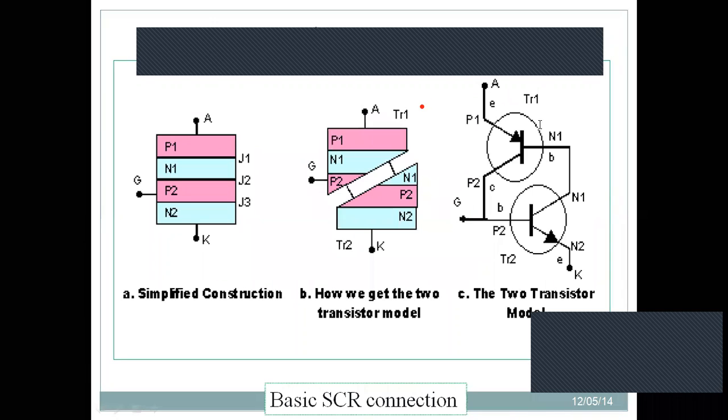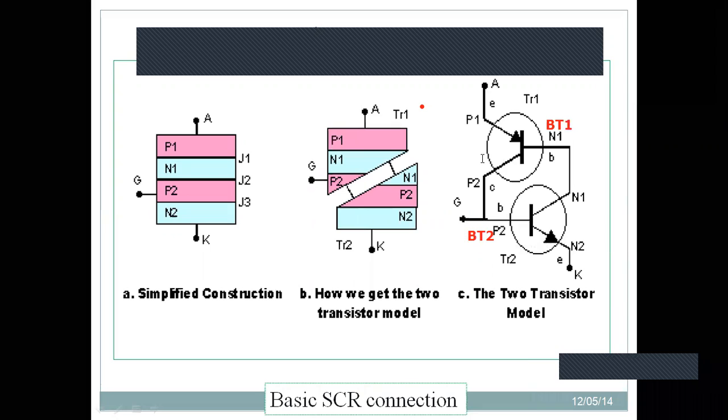We can see, let us call this as the base of first transistor BT1, okay, and the base of second transistor BT2, okay, BT2. And what about this? It is the collector of first transistor, and here it is collector of the second transistor.